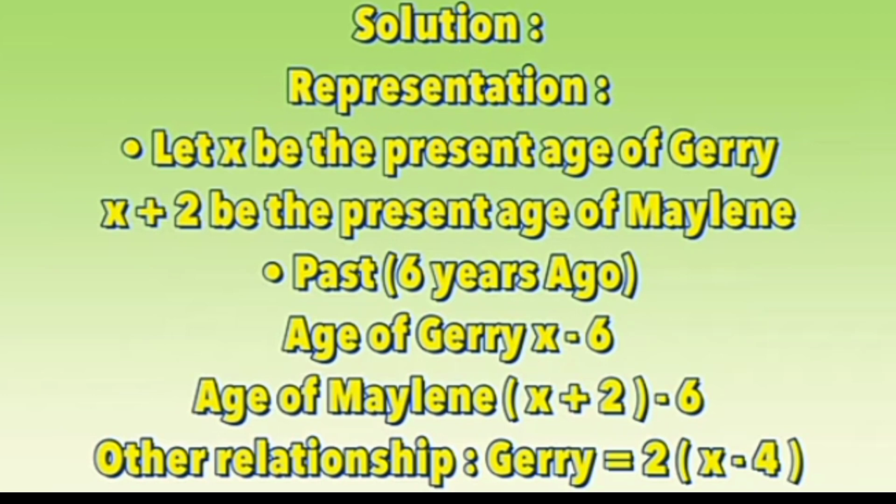The age will be twice Milan's age. So for the age of Milan, 2 minus 6 equals negative 4. So that's why our other relationship is Jerry equals double the difference of X and 4.